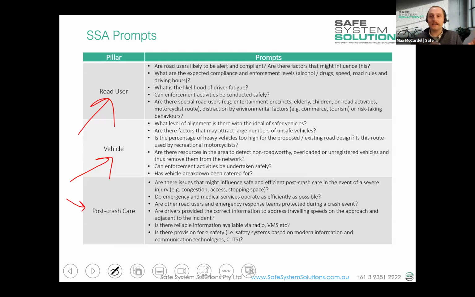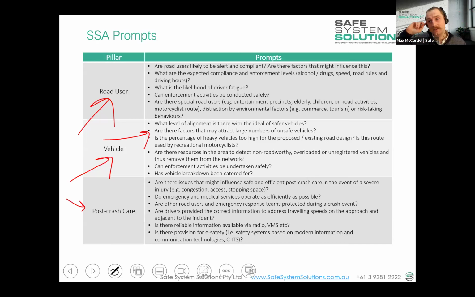Are they not masked by vegetation and things like that, or anything that could be misconstrued or confusing for an autonomous vehicle? Are there factors that may attract large numbers of unsafe vehicles? That could be talking about vintage car meets and things like that, where you may not have that ANCAP 5-star vehicle present. It's something that was built in a different era.